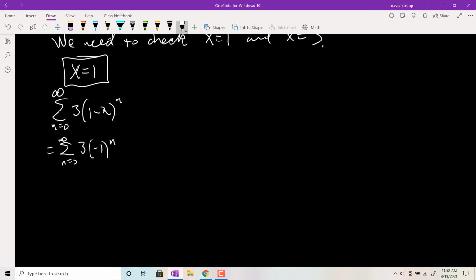This thing is geometric. What type of geometric? Its r value, the absolute value of r, is the absolute value of negative 1. The a value is 3. We don't need that though. The absolute value of negative 1 is 1, which is not less than 1, which means it's divergent.